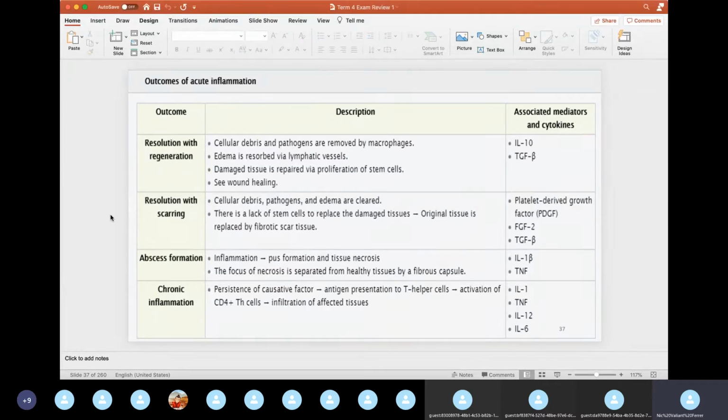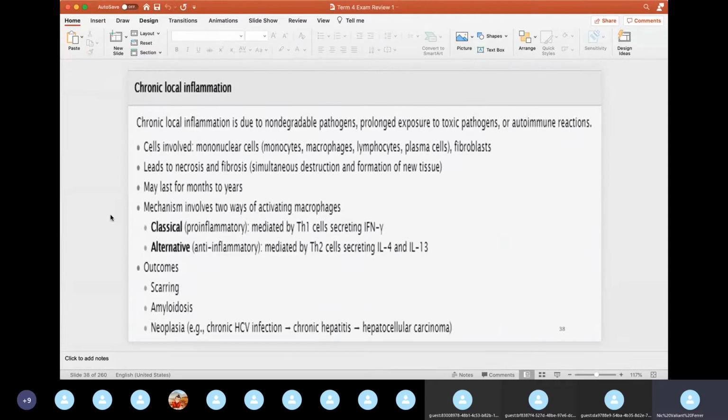Now, if worse comes to worst, I didn't get resolution and healing, it progresses to chronic local inflammation. So there are two mechanisms. So now we are involving your CD4 positive TH cells. So you have monocytes, macrophages, and your lymphocytes.